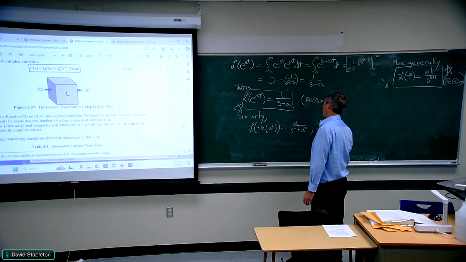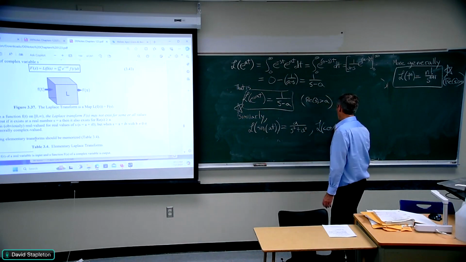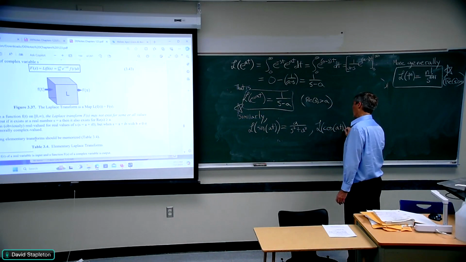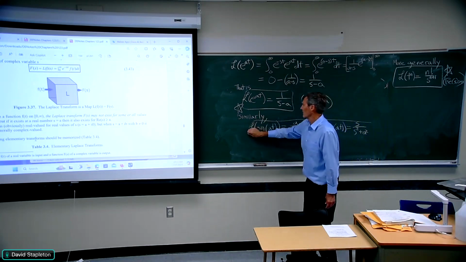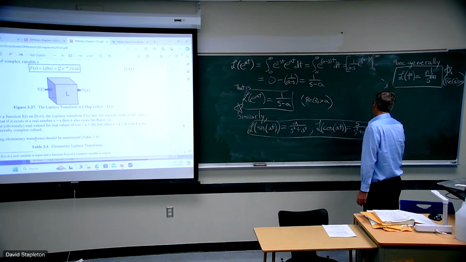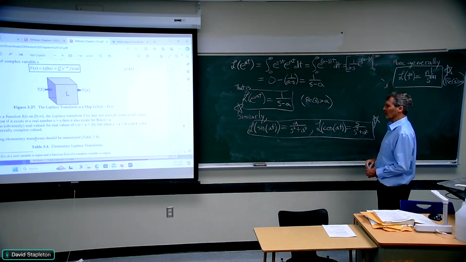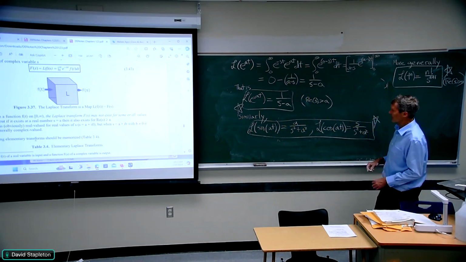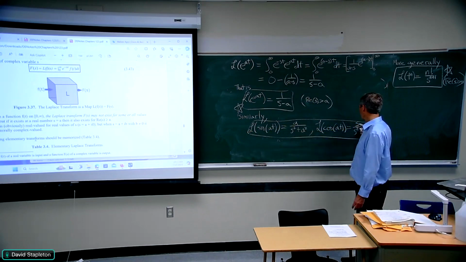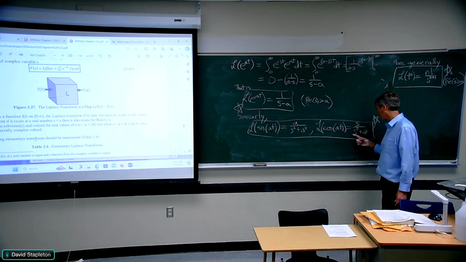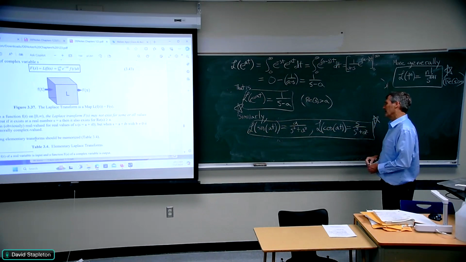And the Laplace transform of cosine at comes out to be s over s squared plus a squared. These are worth memorizing too. Some people like to memorize some more, like the hyperbolic function sinh comes out very similarly, a over s squared minus a squared, and the cosh is s over s squared minus a squared. We won't use those so much, so I'll say just memorize these.